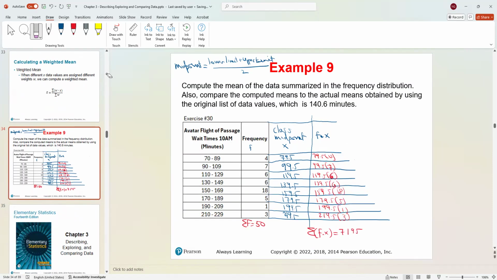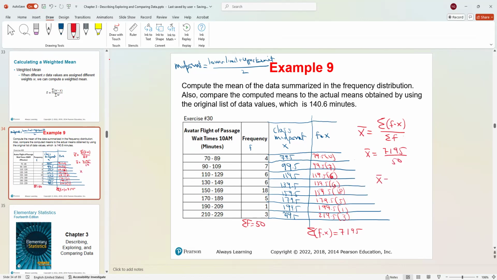So the mean, because they ask you to compute the mean of the data, will be the sum of the frequency times the midpoint over the sum of the frequency. So the mean would be 7,195 over 50.